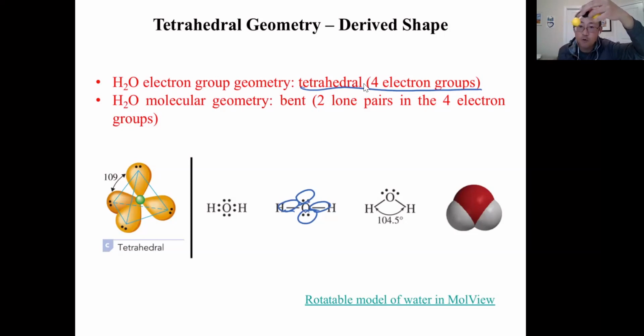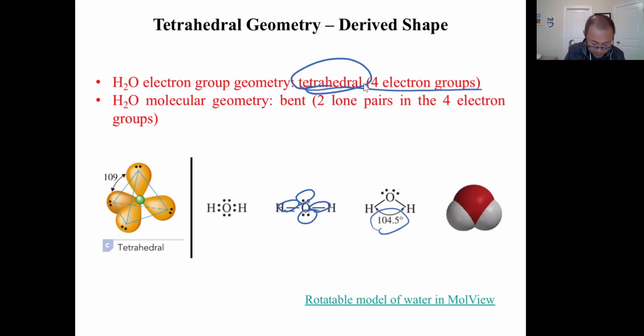Of course, the bond angle is 109.5. Again, we assume 109.5. We don't talk in this class about why it is actually 104.5. If it is derived from tetrahedral, you assume the angle is 109.5. So this is what the water molecule looks like: bent, because there's a lone pair here and a lone pair here. This bent shape is derived from tetrahedral.